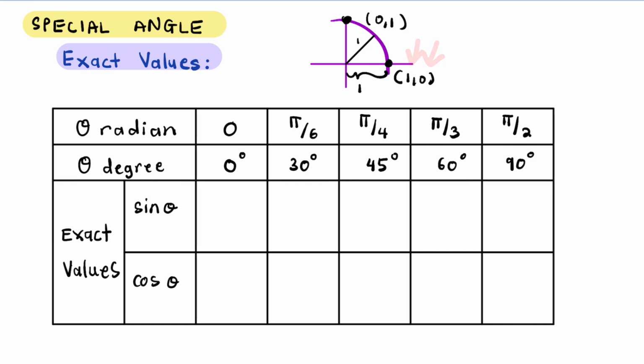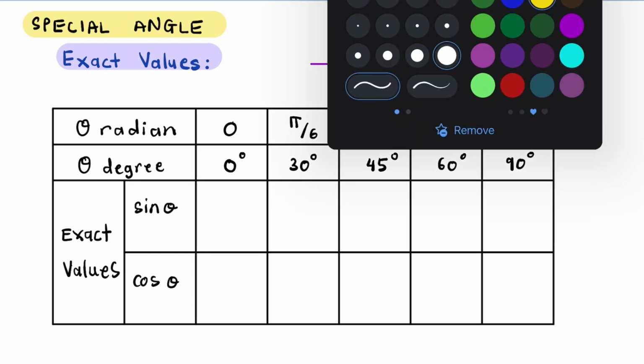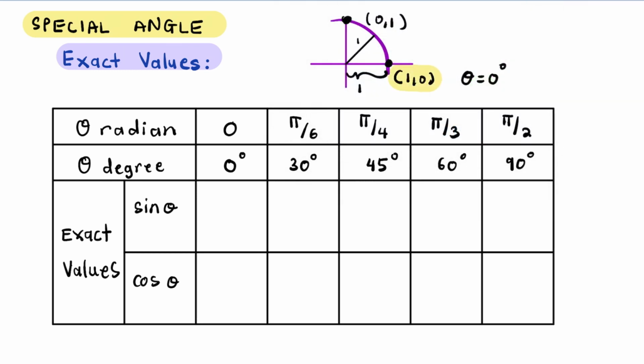The first point is when your angle is 0 degrees, which gives 1, 0. It means that cosine 0 is equal to 1 and sine 0 is equal to 0.